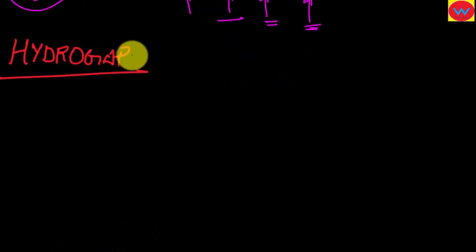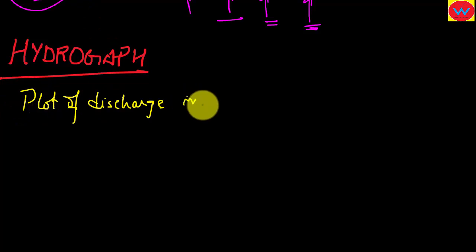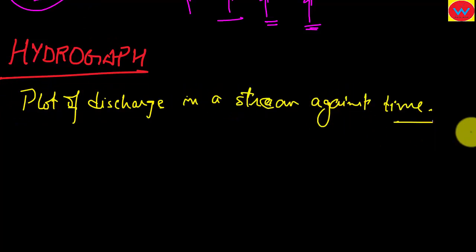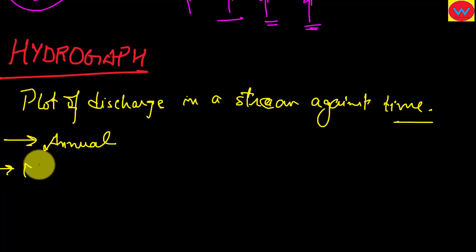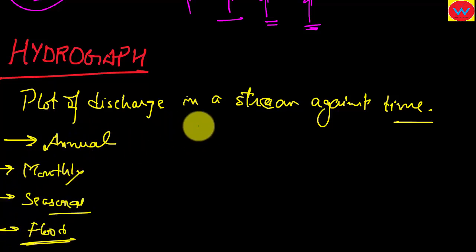Hydrograph is basically a plot of discharge in a stream against time. So depending upon the unit of time involved, we can say that there are annual hydrographs, or monthly, or seasonal, or flood hydrographs. So we can calculate a hydrograph on any of these time units depending on our use.